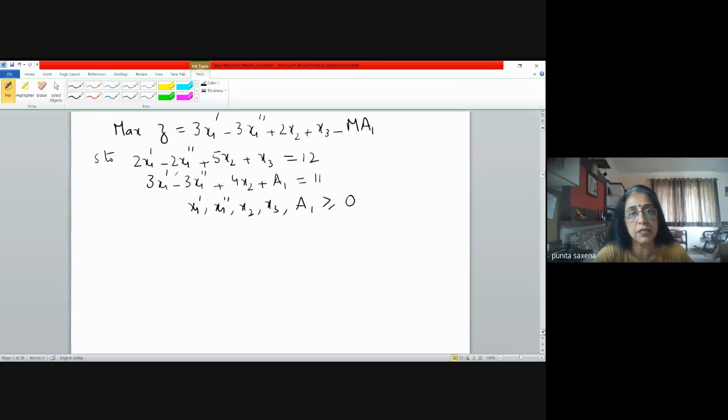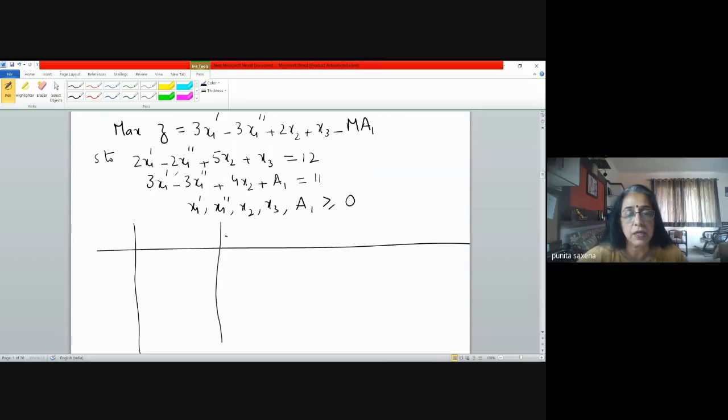The second step is to begin with your initial simplex table. Now my variables are going to be x1 dash, x1 double dash, x2, x3, a1, right? And their corresponding coefficients in the objective function are 3, minus 3, 2, 1, minus M, right?